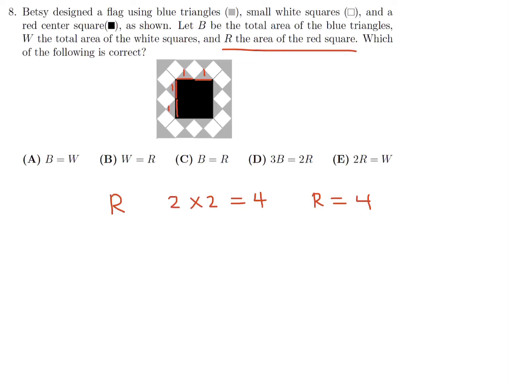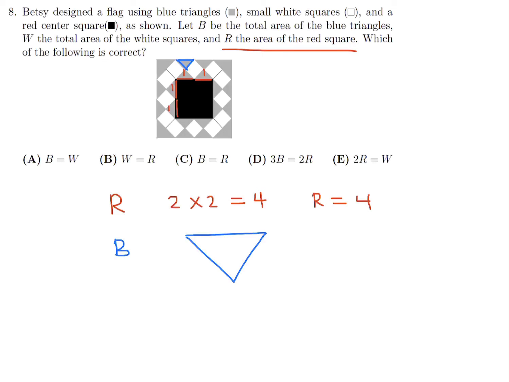Now let's turn our attention to the blue. Blue is basically the triangles that they have shown in gray. So I will draw one such triangle like that over here on the side, like this.